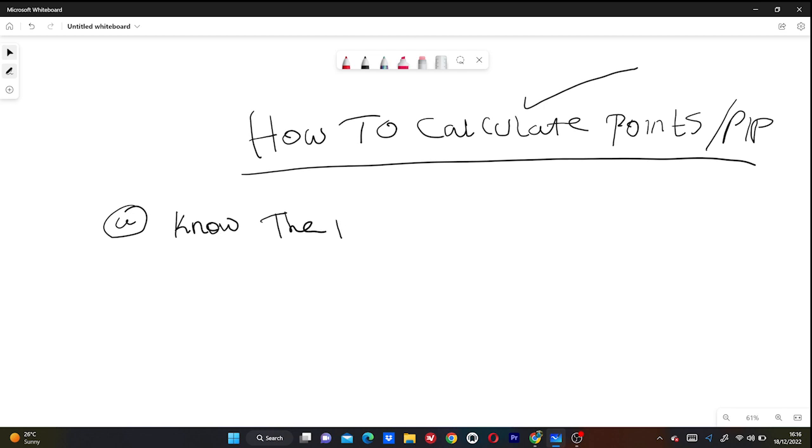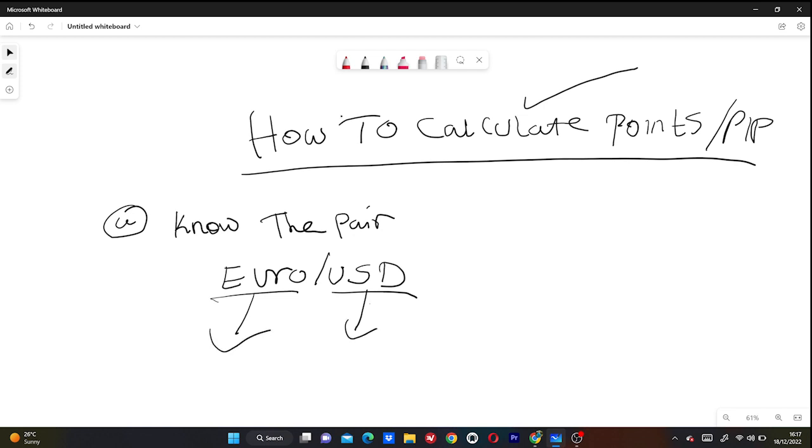For example, if you are trading Euro USD, make sure you know these two well. Make sure you know about the euro and about the USD, because some coins may have some digits that way.